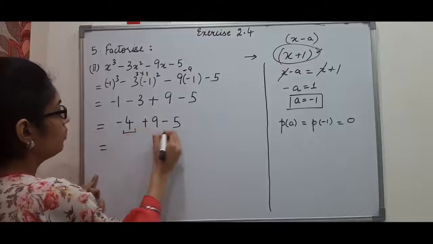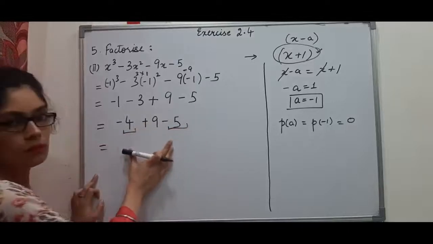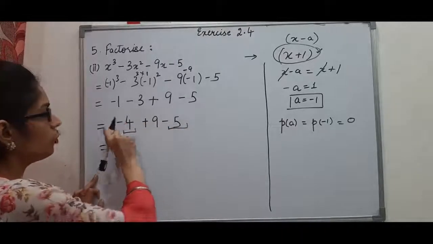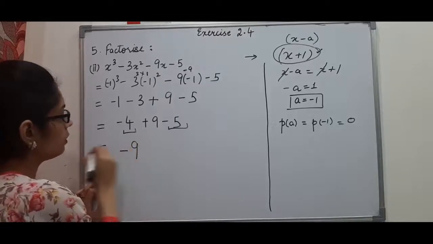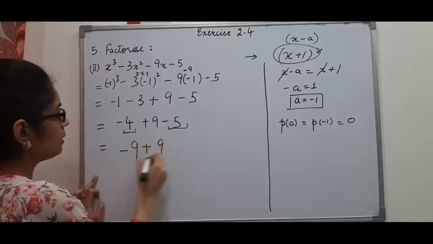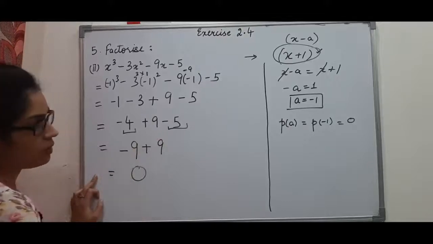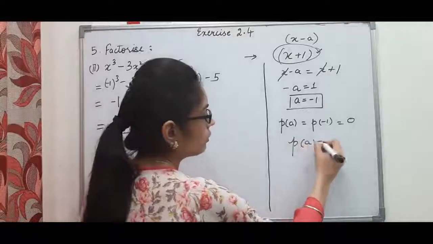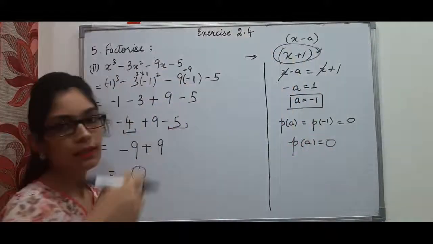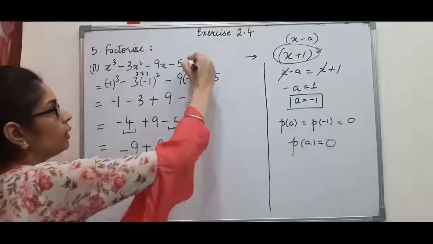Again minus 4 minus 5, minus minus is plus, so 4 plus 5 is 9 with a minus sign, minus 9 plus 9 will give me 0. From here we come to know that p(a) is equal to 0, which means x plus 1 is a factor of this polynomial.